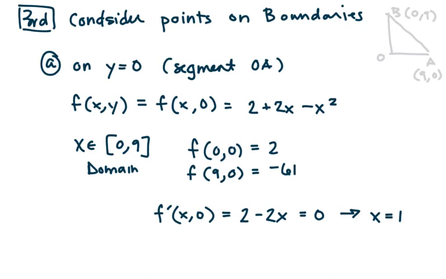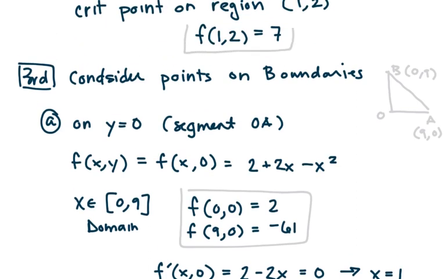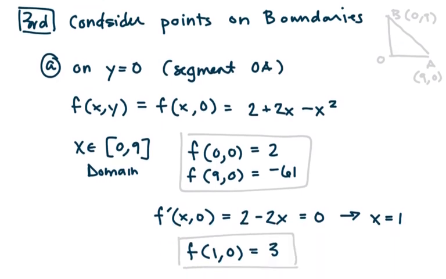So that means we also have the point when x is 1 and y is 0. And if I take that 1 and plug it back into my original function, the output I get there is 3. So far, we have 3 points that we need to consider in our absolute maximum or minimum list. If we include this critical point that is inside the region, we have 4. So we've got to keep going.